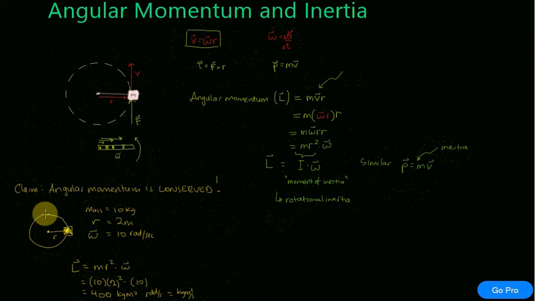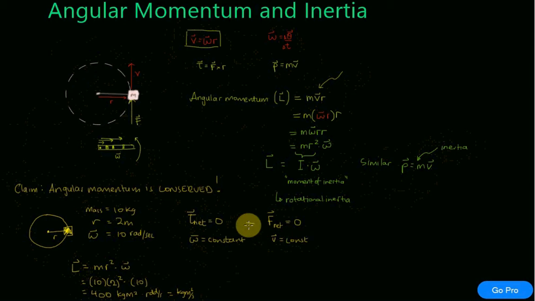What we're assuming here is that this object is constantly rotating. When the net torque acting on this object is equal to 0, that means that the angular velocity is going to be constant. In the same manner, when we talk about net forces, when the net force is equal to 0, it means that the velocity of that object is also going to be constant.